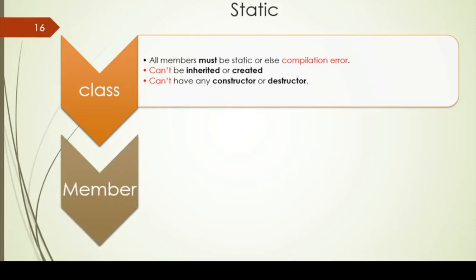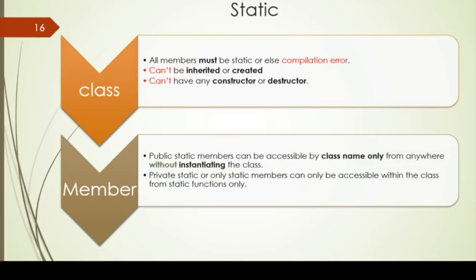So what about the members? So public static members can be accessible by class name only from anywhere without instantiating the class. So you instantiate a class by new keyword so that you can access any public static member without instantiating the class and from anywhere by its name only.